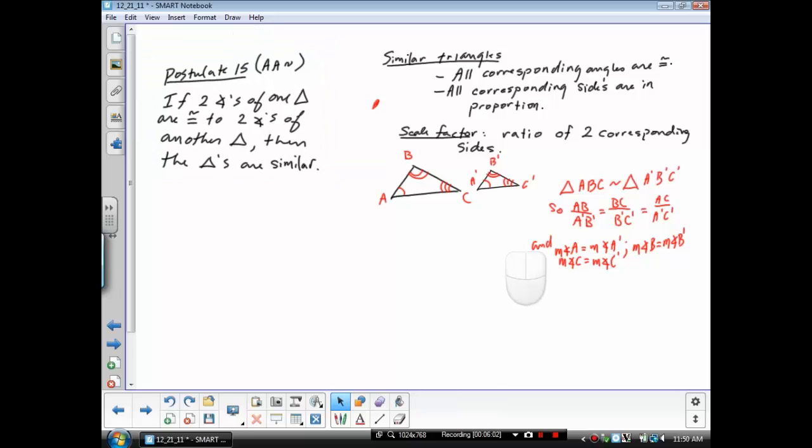We're going to do some proofs that deal with showing that things are similar. And let's do one example of a proof. So I am turning to page 258 and number 21. I have a figure that looks like this.